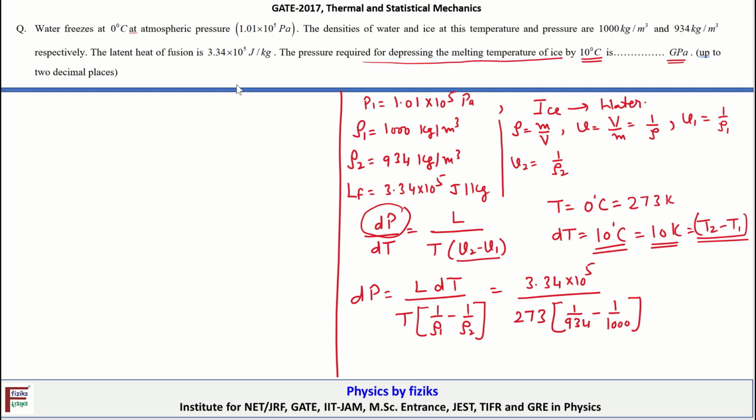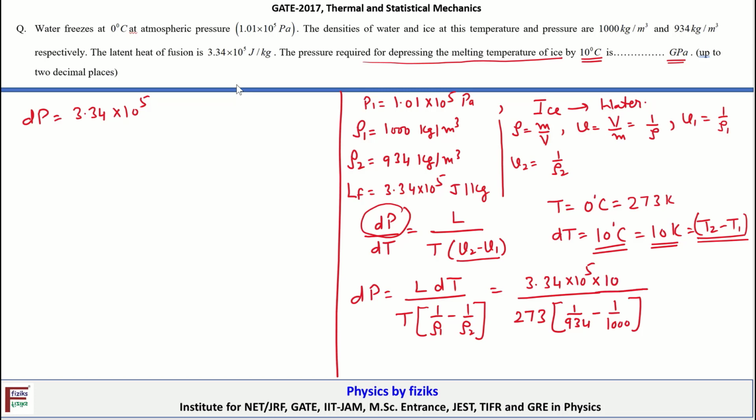After solving, we can easily see that dP is equal to 3.34 into 10 power 5, and then after solving the denominator we will obtain a factor of 10 power 5. Sorry, I didn't multiply here with the dT, that's 10 units.